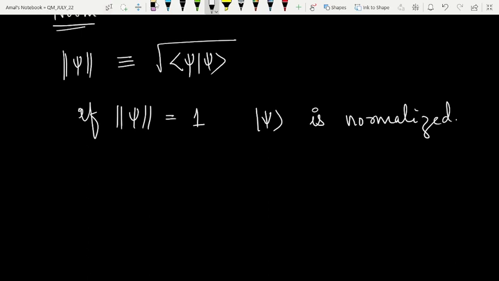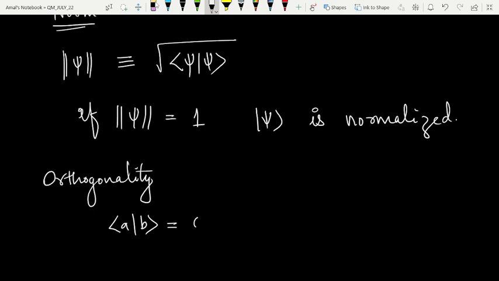Here also, for two vectors A and B, if the inner product is 0, then we say that A and B are orthogonal.